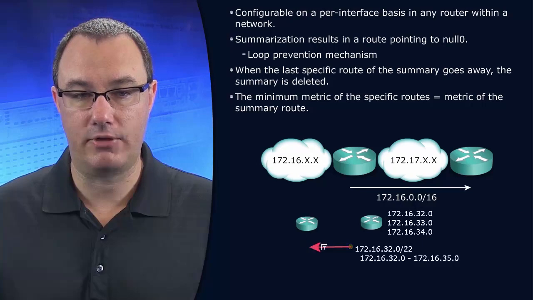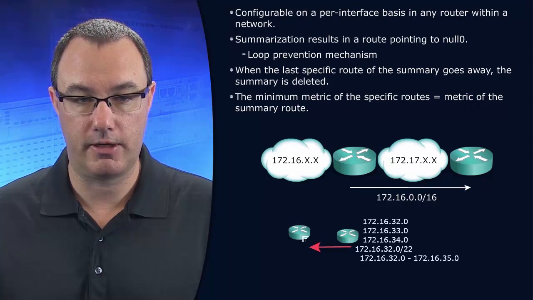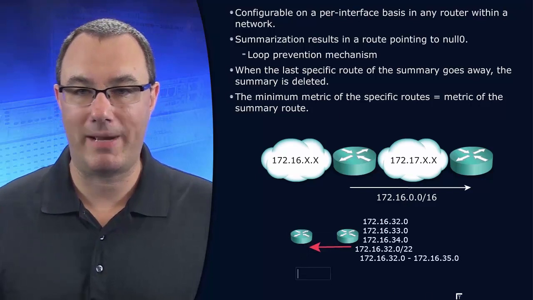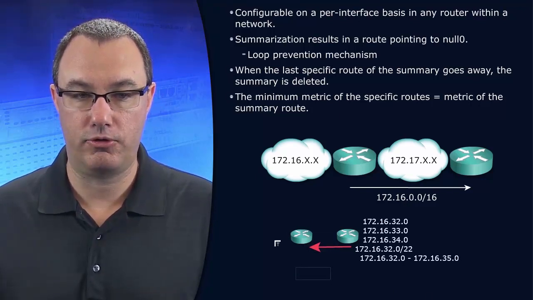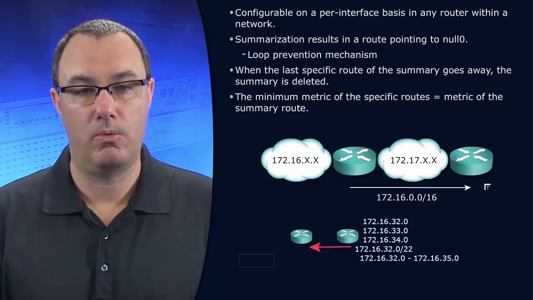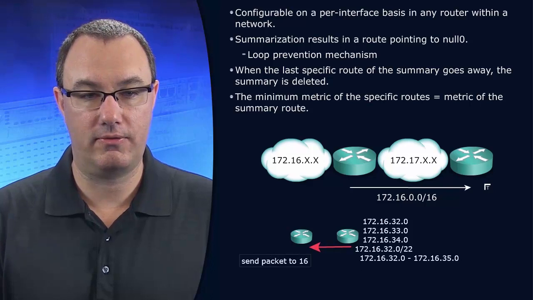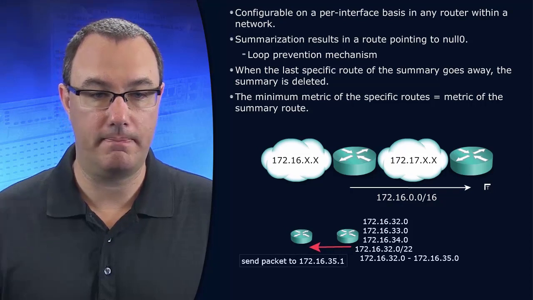And so that advertisement, that summary is going to go over from this router to the other router. Great. So now what happens when packets are sent to, I'm going to say send packet to 172.16.35.1.